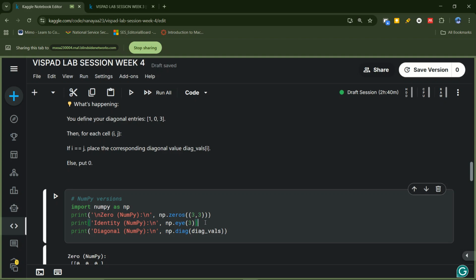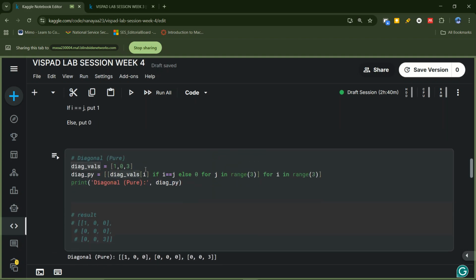Sorry, identity matrices. Diagonal is np.diag, but it takes a vector or some list you have to make use of, and that is this over here. That is 1, 0, and 3.